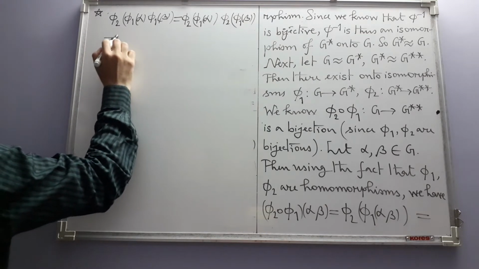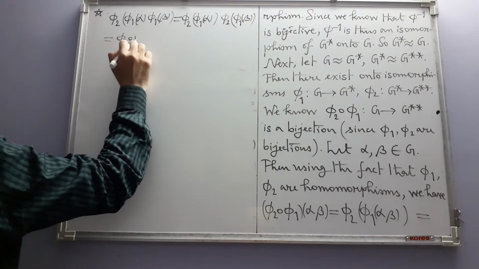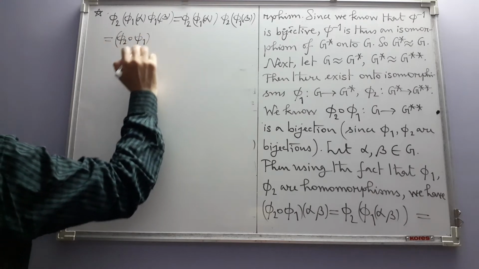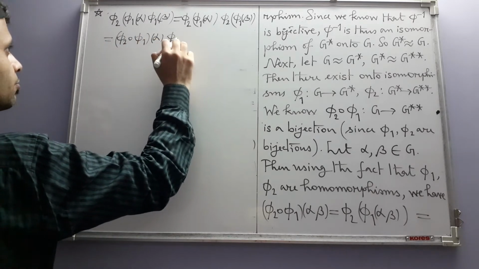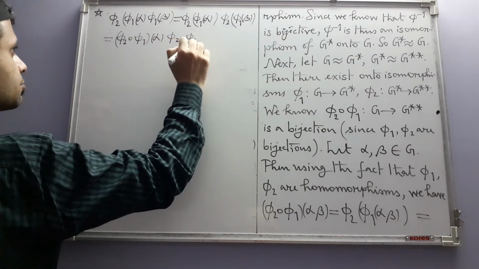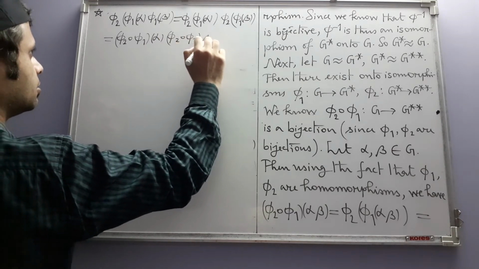and again you apply the definition of composition of two functions. This is phi 2 composition phi 1 alpha times phi 2 composition phi 1 beta.